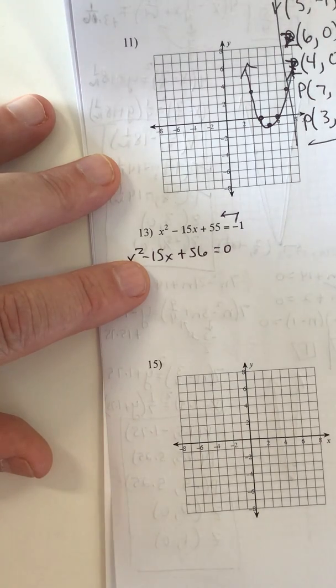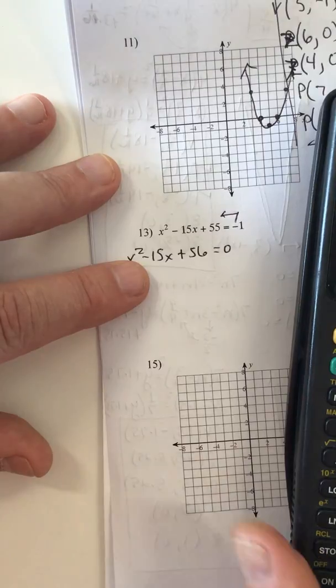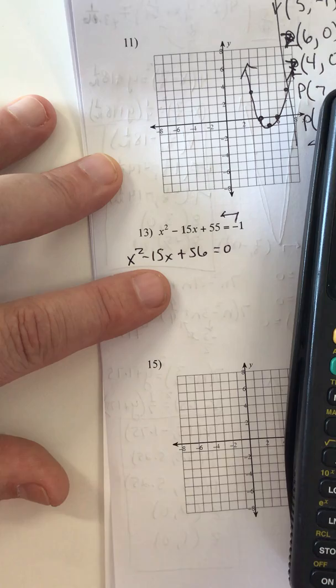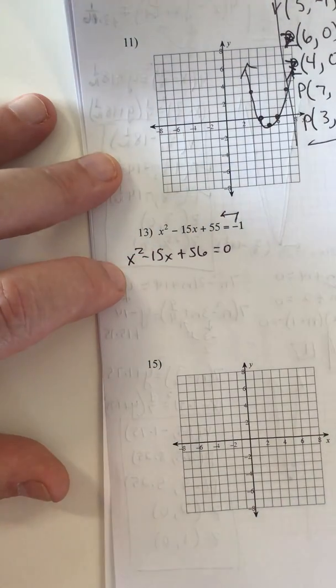What's 56 divided by 3? Oh, hello. How about 7 and 8?